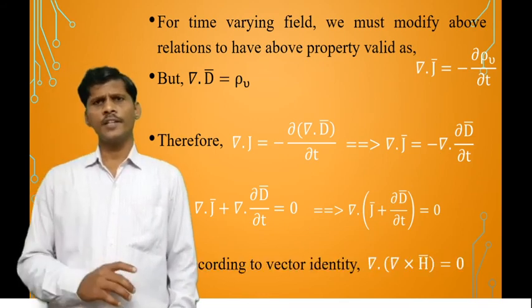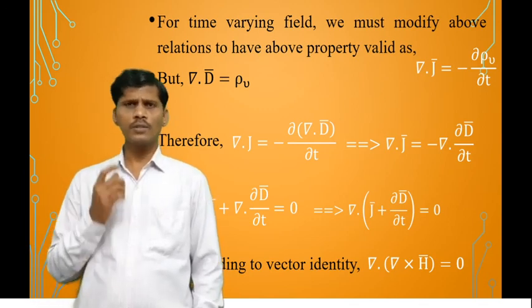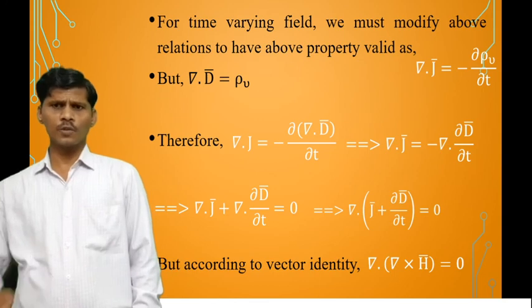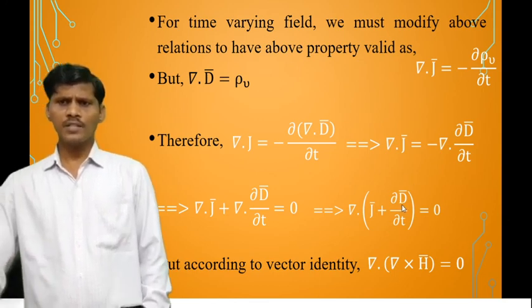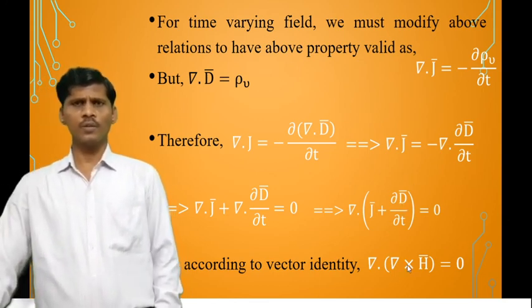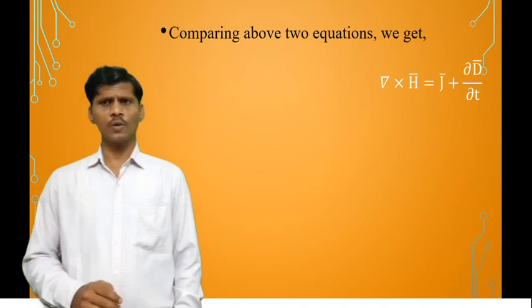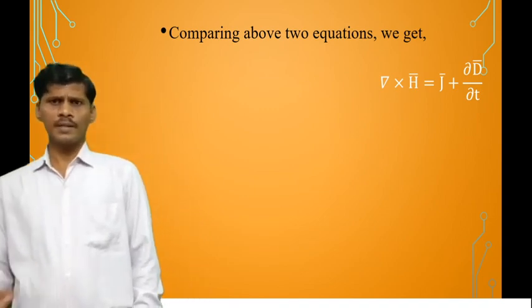According to the vector identity, the divergence of the curl of a vector is always 0, that is, del dot del cross h bar is equal to 0. Comparing these two equations, we get del cross h bar is equal to j bar plus dou d bar by dou t.